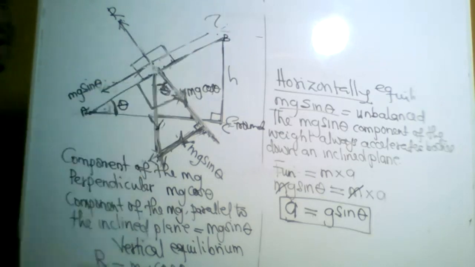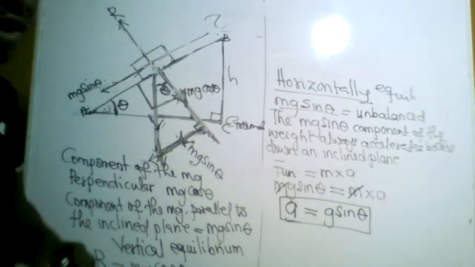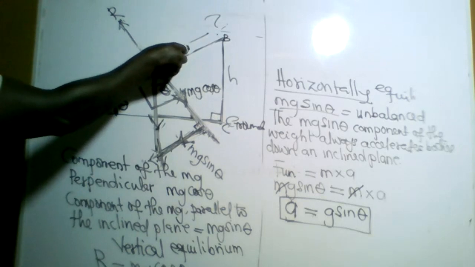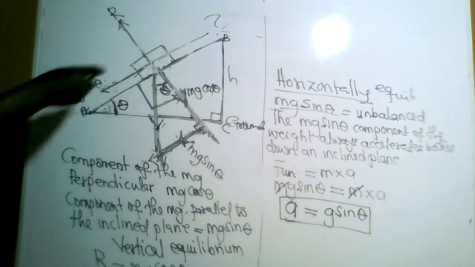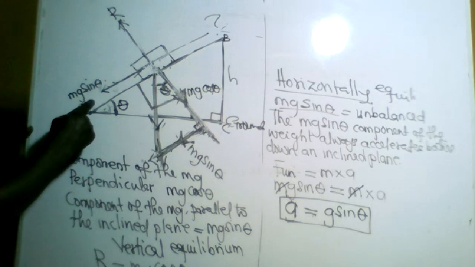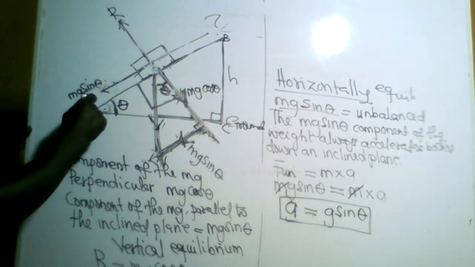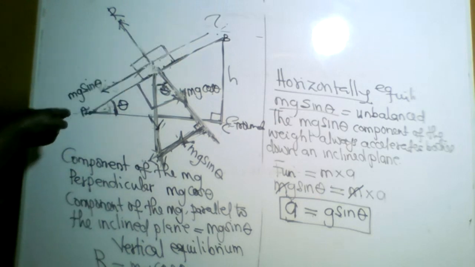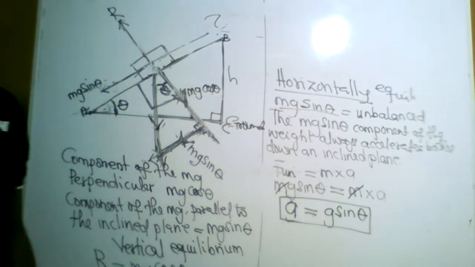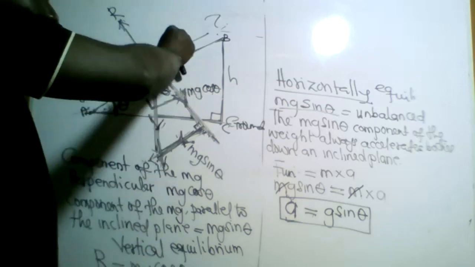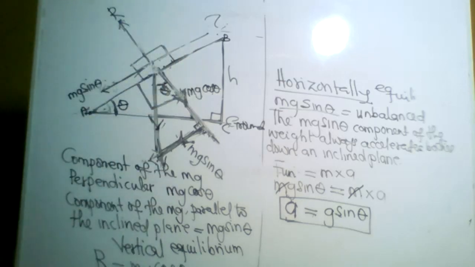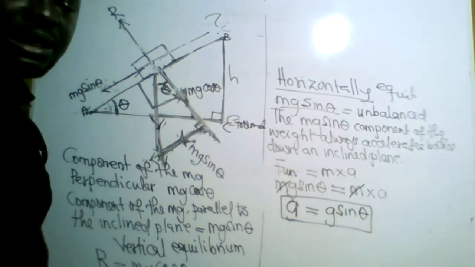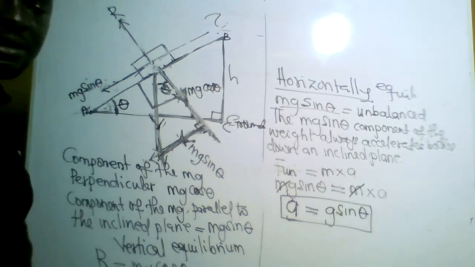There's no component here. And this is the reason why, whenever you put a body on an inclined plane, it's always going down. This looks like a force which is always there, which will push it down the plane. So you place an object on an inclined plane, it's always accelerating down the inclined plane because of the mg sin theta component.